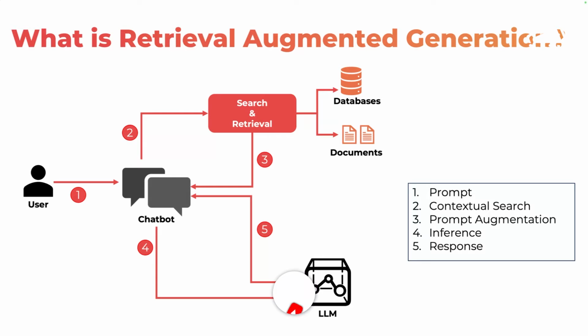And now the prompt plus the context are sent to the LLM, and the LLM has all the facts that it needs to come back with an accurate response. This step is called inference. So the chatbot is going to perform an inference on the LLM by sending both the prompt and the context. And the last step is the simple response that comes back from the LLM, which is passed on to the end user. So these are the 5 steps involved in implementing RAG.